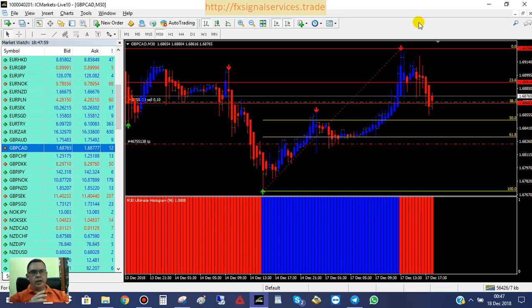The nice thing about this strategy is that you can do all this from your cell phone. You do not have these fancy indicators on your MetaTrader mobile platform, but you can use the Fibonacci retracement.